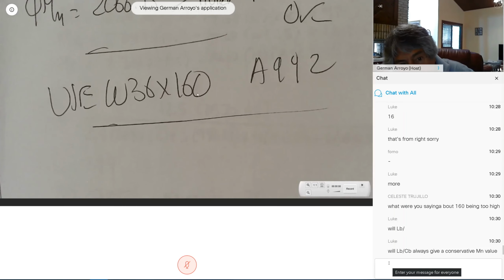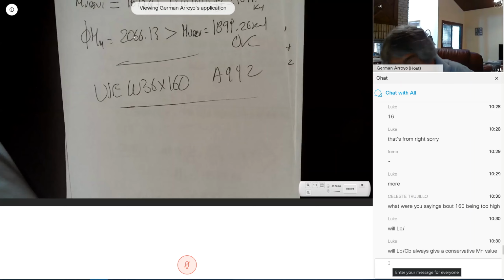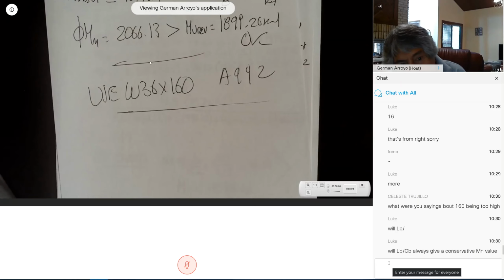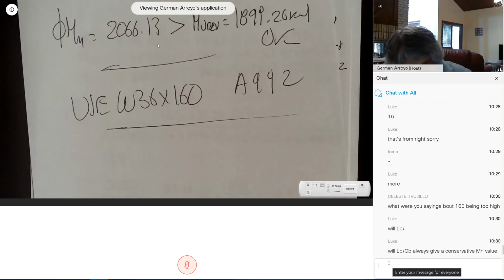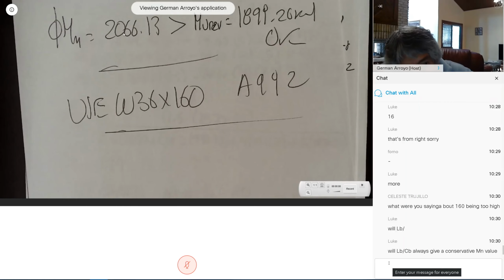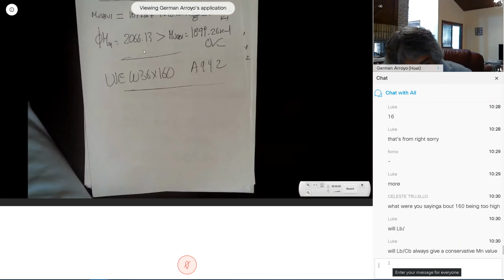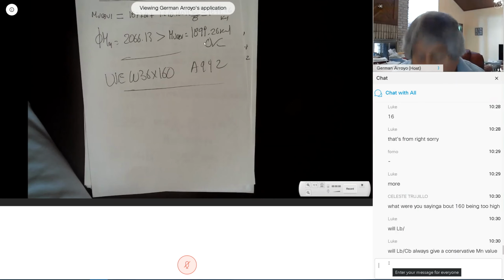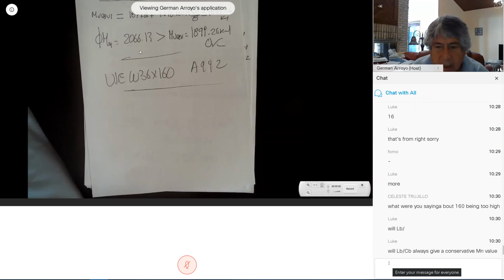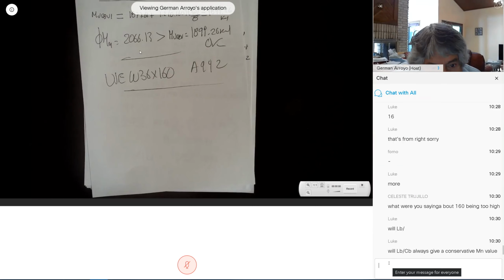We need to be careful when we revise the moment. If we revise the moment and it doesn't work because it's heavy, if we revise the moment and it happened that Mu revised is larger than this, what do we do? Where do we go and what do we do?